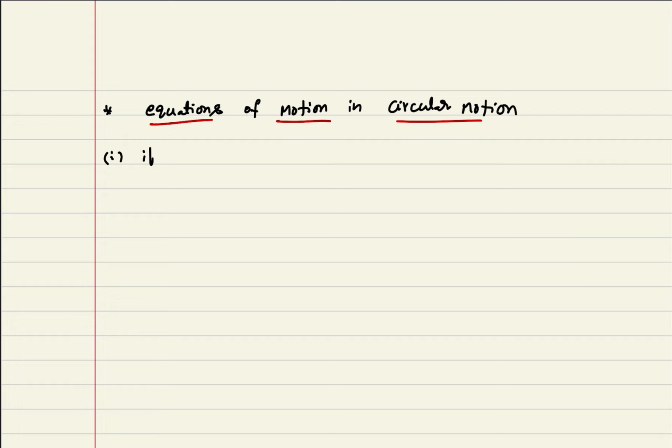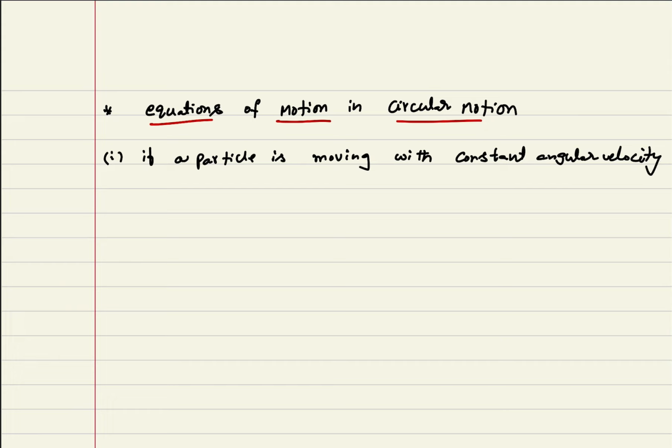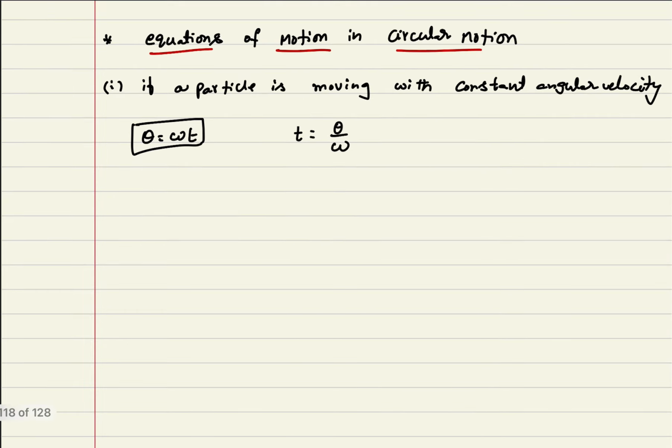First point, if a particle is moving with constant angular velocity, then you can write displacement is equal to omega into t. This is the only relation. T is equal to theta by omega.